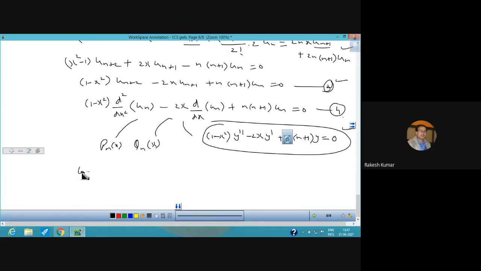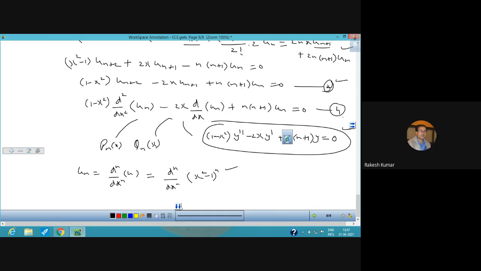And un is what? That is nth order derivative with respect to x of u. So what is the meaning of nth order derivative of u? The value of u was x square minus 1 whole raised to power n, and it must contain only positive powers of x.